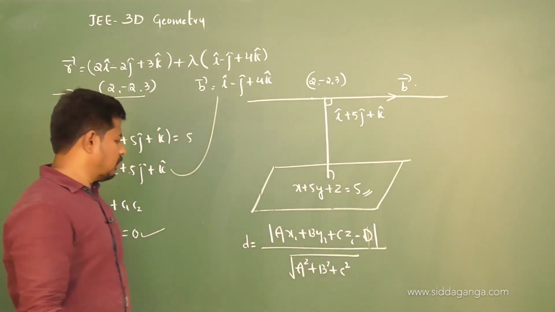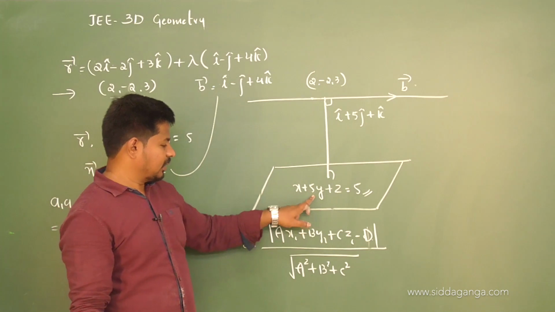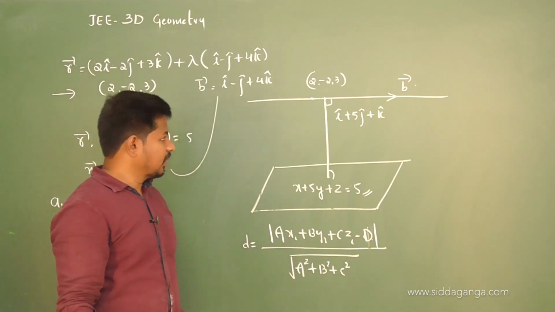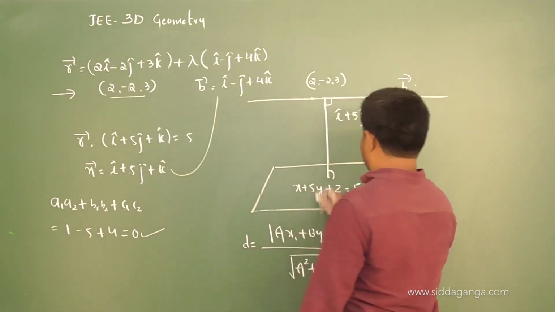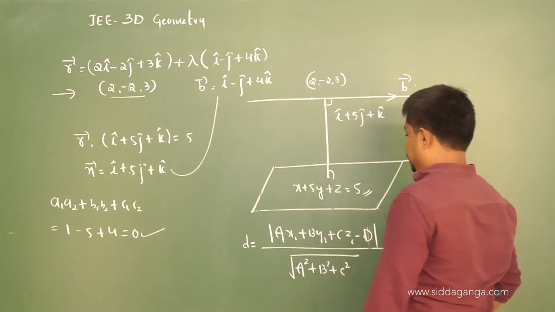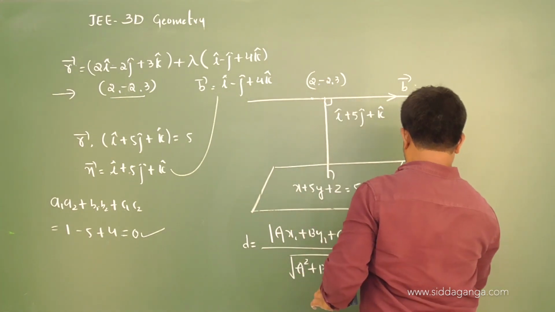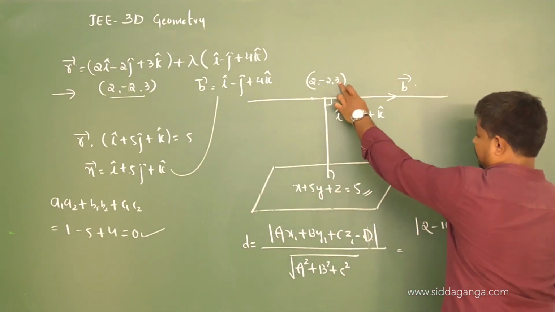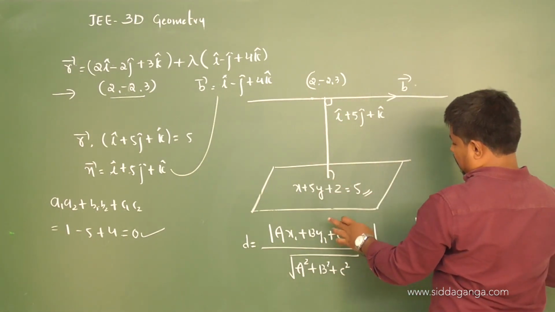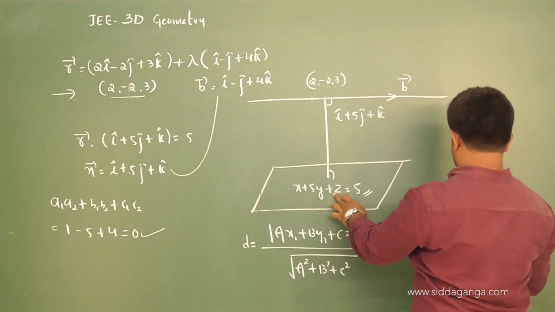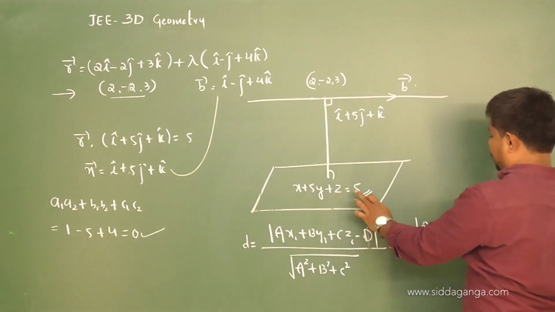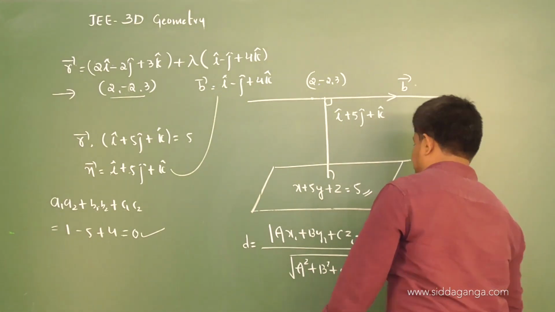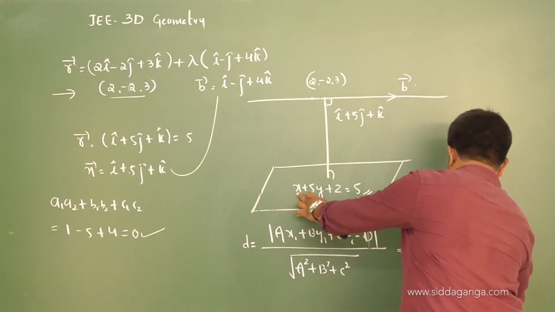So for the required distance, now a is 1, b is 5, c is 1, and d is 5. Substitute this. x1 is 2, y1 is minus 2, z1 is 3. A x1 is 1 into 2, that is 2; b y1 is minus 2 into 5; and c z1 is 3 into 1, so 3, minus d which is 5, divided by root of a square plus b square plus c square, that is 1 square, 25, and 1 square.